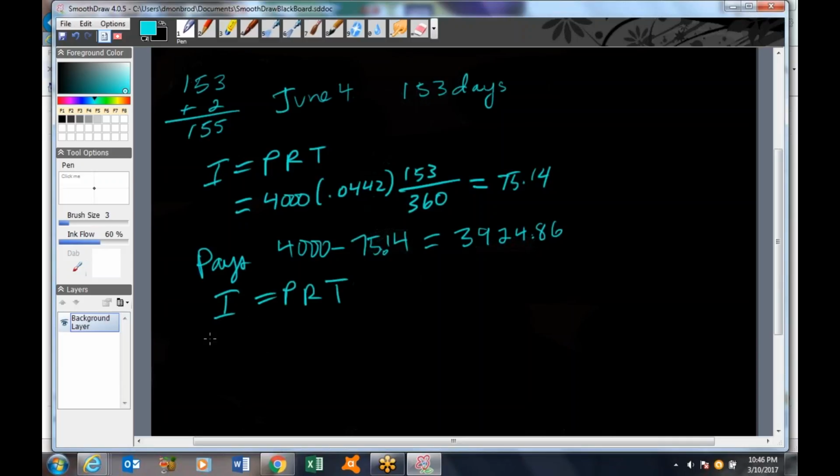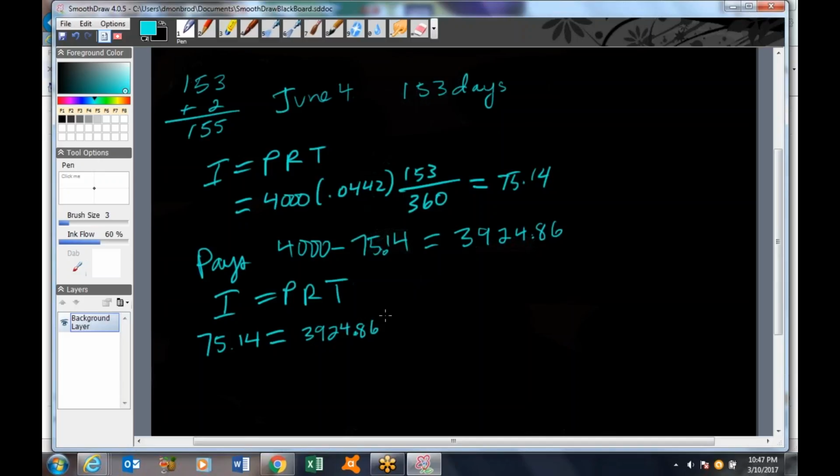And this time, 75.14 was the interest, but the government actually only got 3,924.86 because it paid $75.14 for the interest. So it actually only got this much money from, what's his name, Chris or whoever that was.